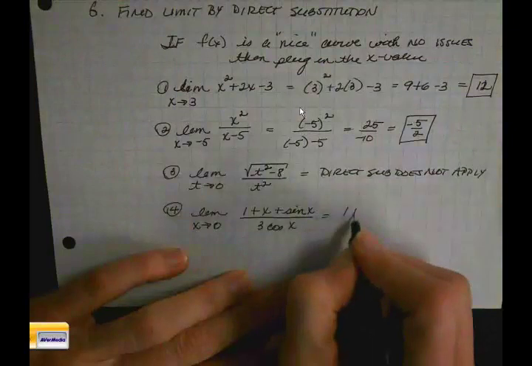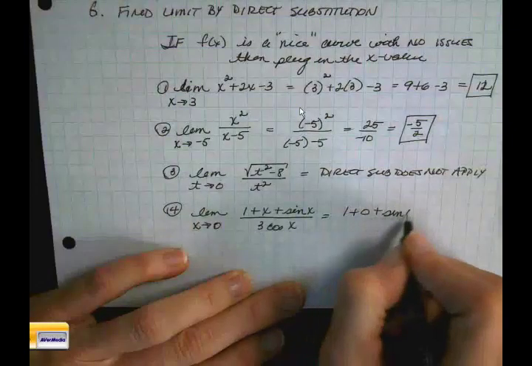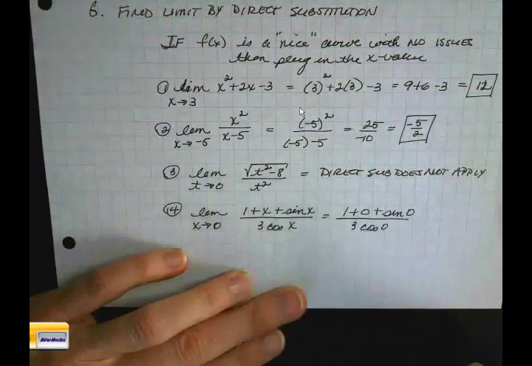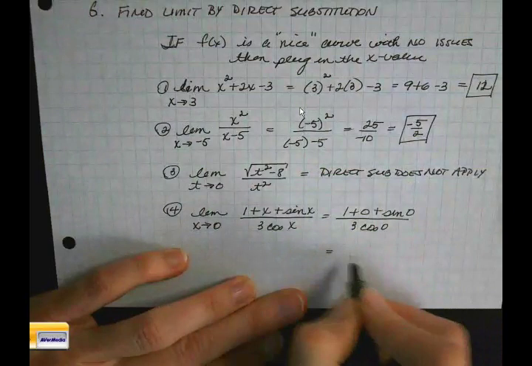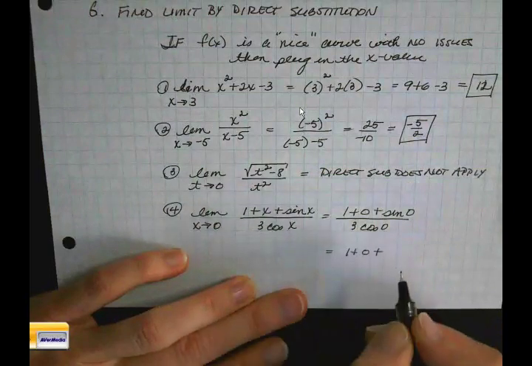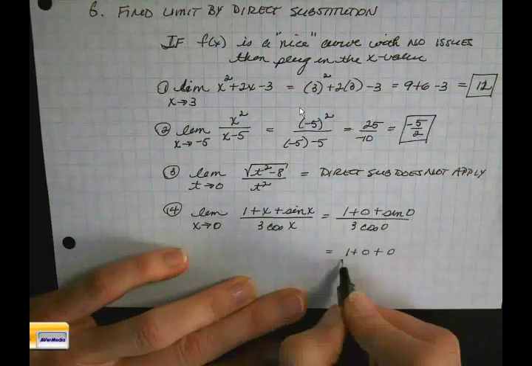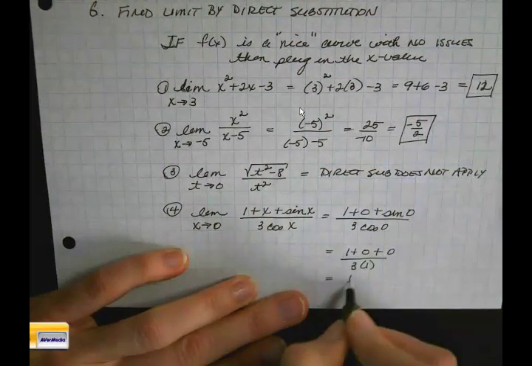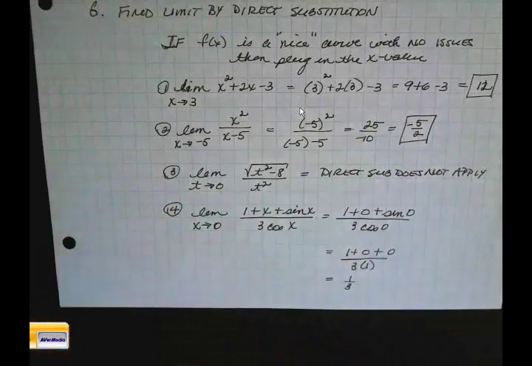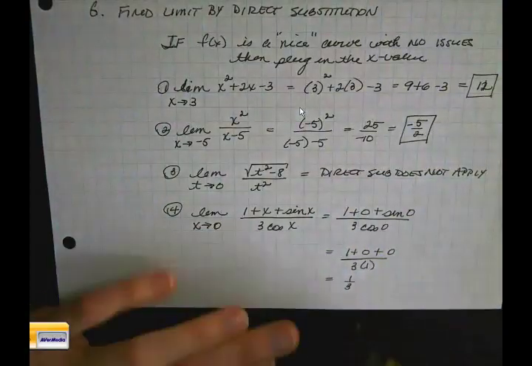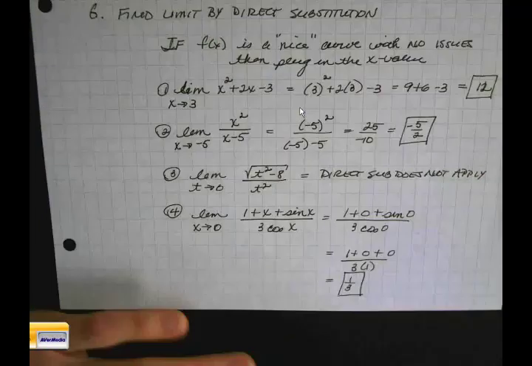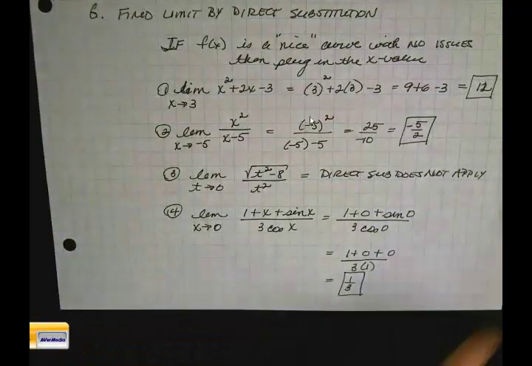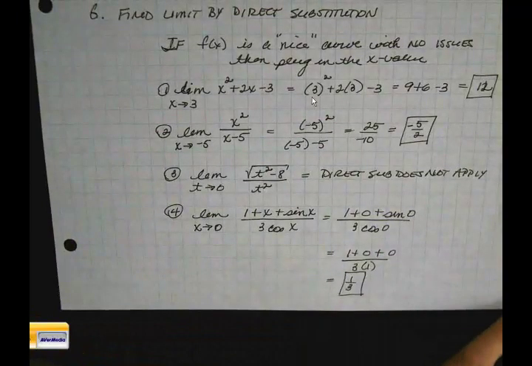So let's plug it in. So this is 1 plus 0 plus the sine of 0 over 3 cosine of 0. So this is 1 plus 0 plus sine of 0 is 0 over 3 times cosine of 0, which is 1. So the height of that function when x is 0 is a third. The limit of that function, there's no hole in the graph or anything weird going on. When x is 0, it's a very simple outcome just using direct substitution.